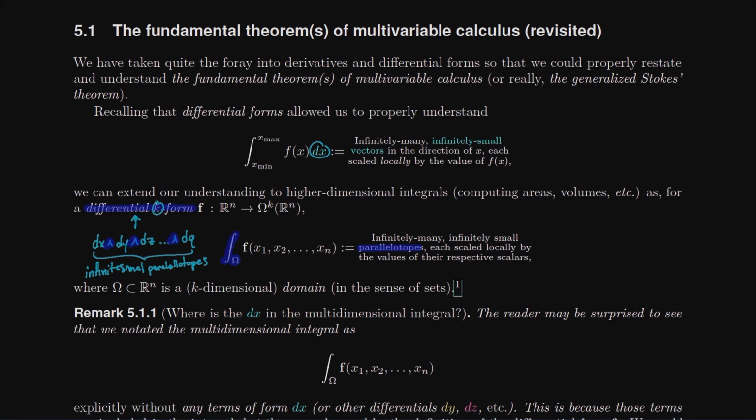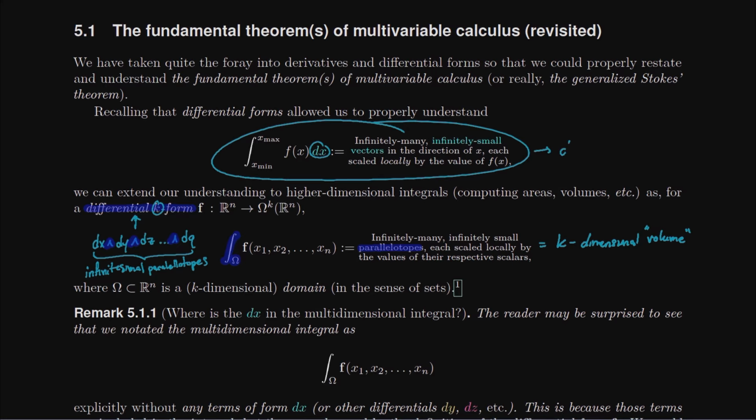So you're adding infinitely many, infinitely small k-dimensional objects together, and what you get out of that is also a k-dimensional volume of sorts. I'll put volume in quotations because it's not quite volume, but you get the idea, right? In this case, you could think about adding infinitely many of those vectors together, and you get some sort of distance, which is our one-dimensional volume, or length.